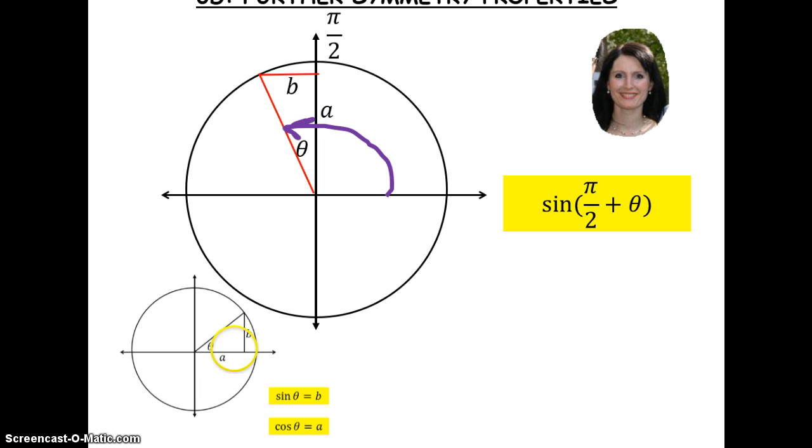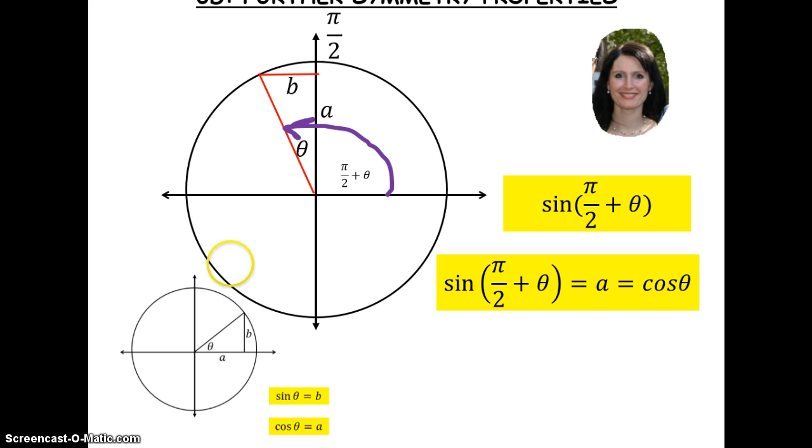So remember that sine theta was B and cos theta was A. So now we can say, with this angle of pi on 2 plus theta, our A value is going to equal cos theta, because A, being our sine value of our new pi on 2 plus theta, is the same as A in our bottom unit circle, being cos theta. So the rule is sine pi on 2 plus theta is equal to cos theta.